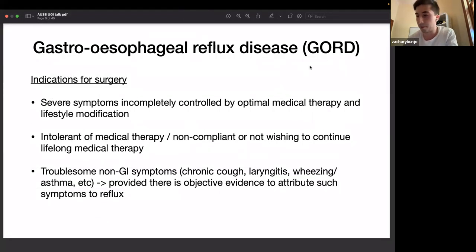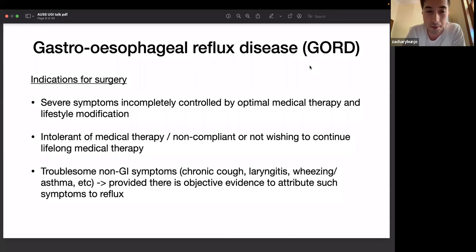Obviously, being an upper GI surgical talk, I'll briefly touch on some of the indications for surgery. So these are the main ones that you guys should have in mind. If they've got severe symptoms that are incompletely controlled by best medical therapy and optimizing their lifestyle, if for some reason they're intolerant of medical therapy, or they're non-compliant or not wishing to pursue lifelong medical therapy, then surgery could be explored.